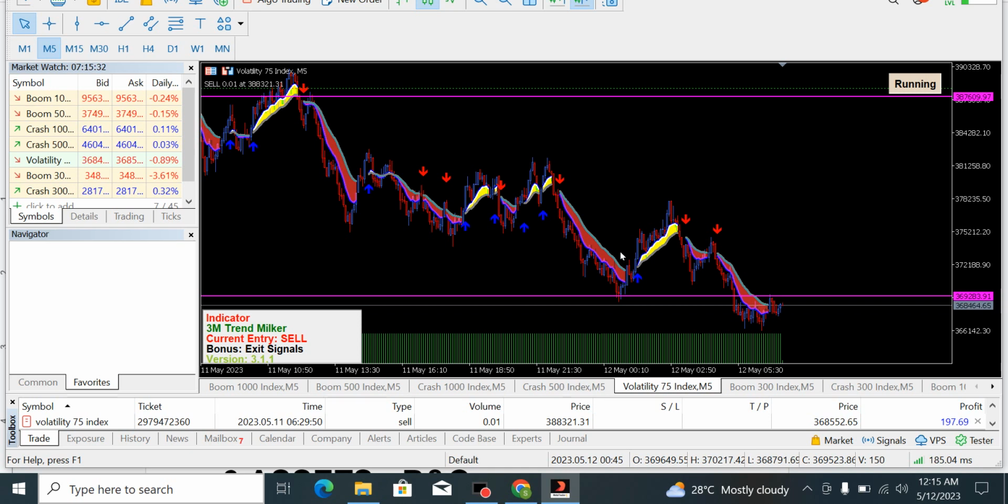For those of you having the 3M trend Milker trading indicator, you can apply the same indicator on your volatility 75 chart. You can start from your demo account first and practice with it. Once you are able to get it right, then you can move on to your real account and do it gradually until you are able to perfect your trading activities, so that you can be going for a very long time. So that is how it works.